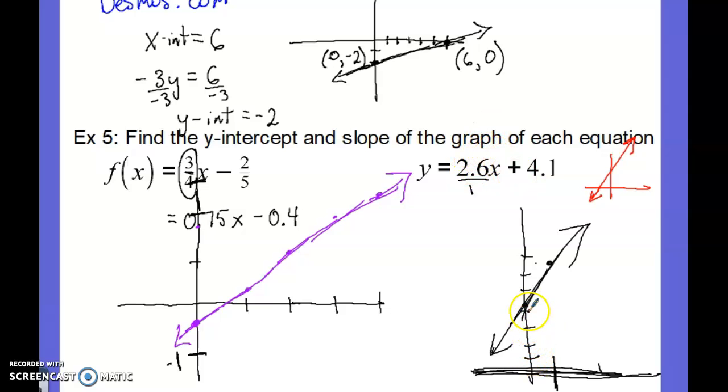Even if your graph is off a little bit, it's evident to me that whoever drew this, I know it was me, could tell that the y-intercept was bigger than 4. So that individual was not confusing these numbers, and that the slope was 2.6. Even though I might not have a perfect graph, I'm definitely not an artist. It's clear that I know what I'm doing.